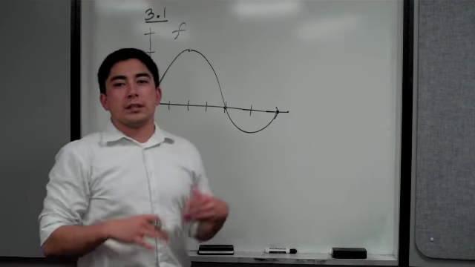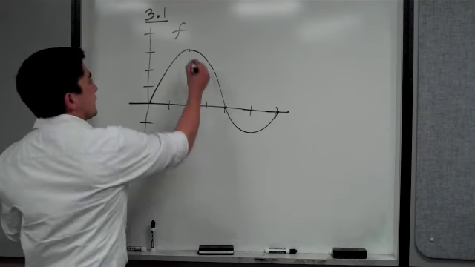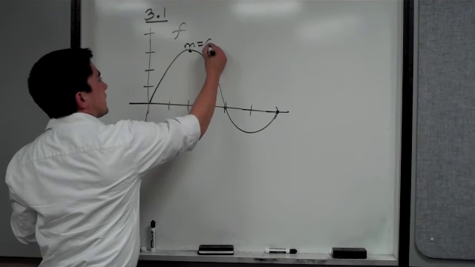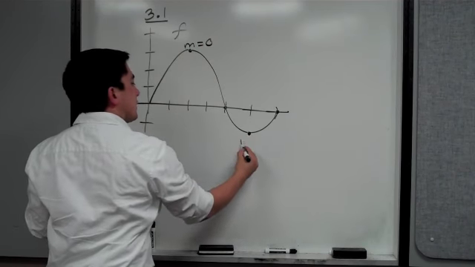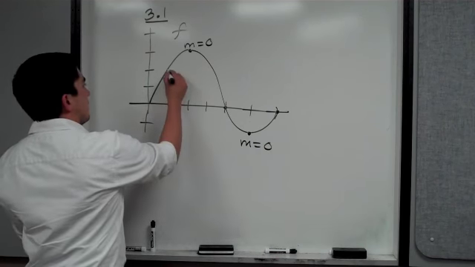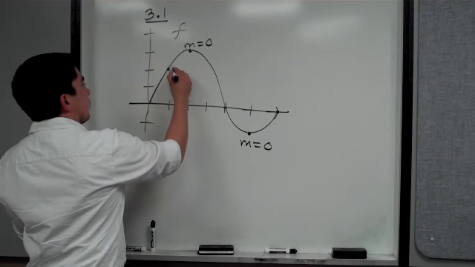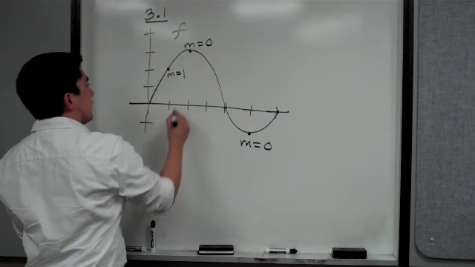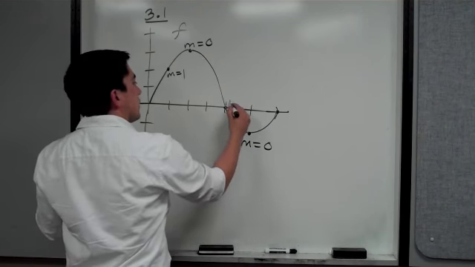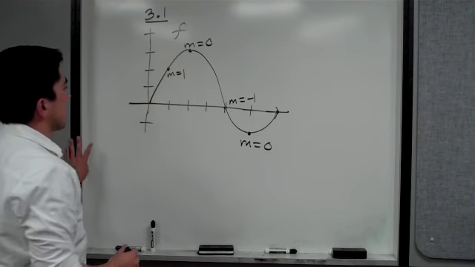So what we're going to do is we're going to assign slopes here. The slope at any peak or valley is going to be 0. So the slope here we say is 0. The slope here we say is 0. Let's say right here, the slope is 1. M equals 1. If I were to say the slope here is m equals negative 1. Okay?